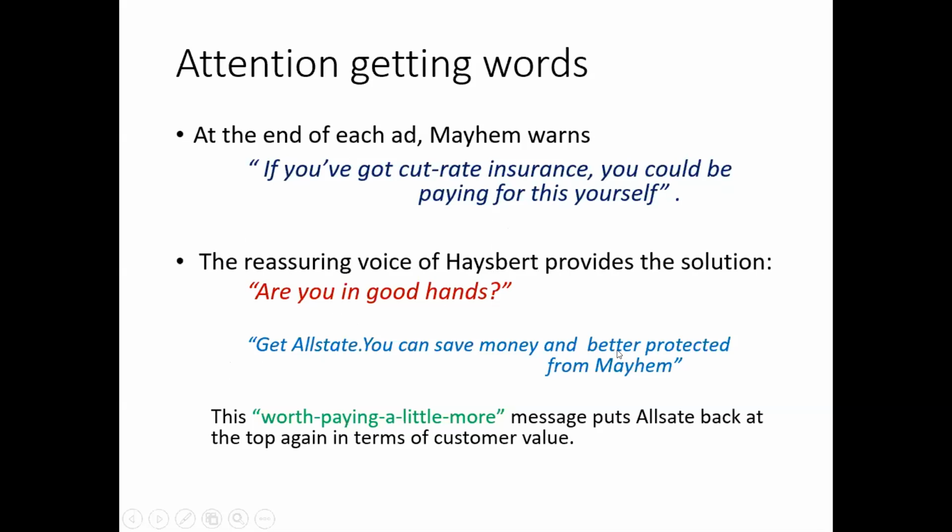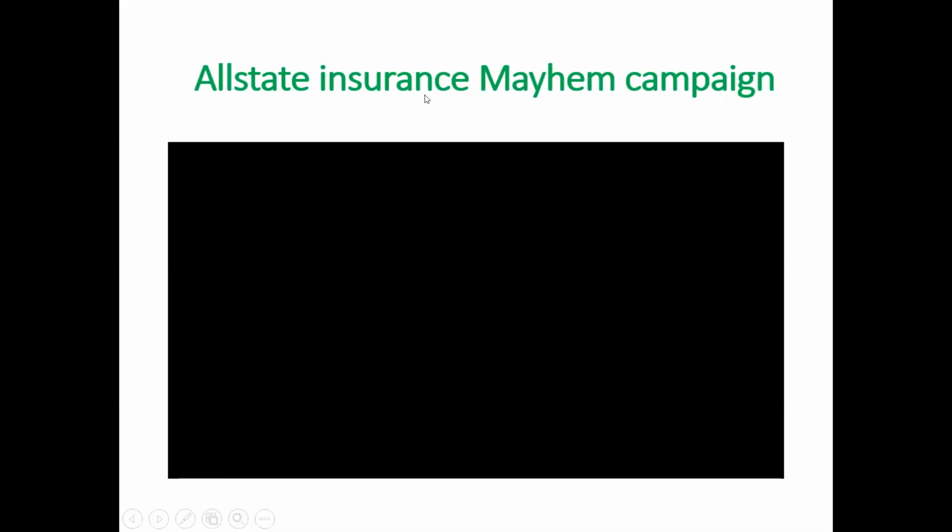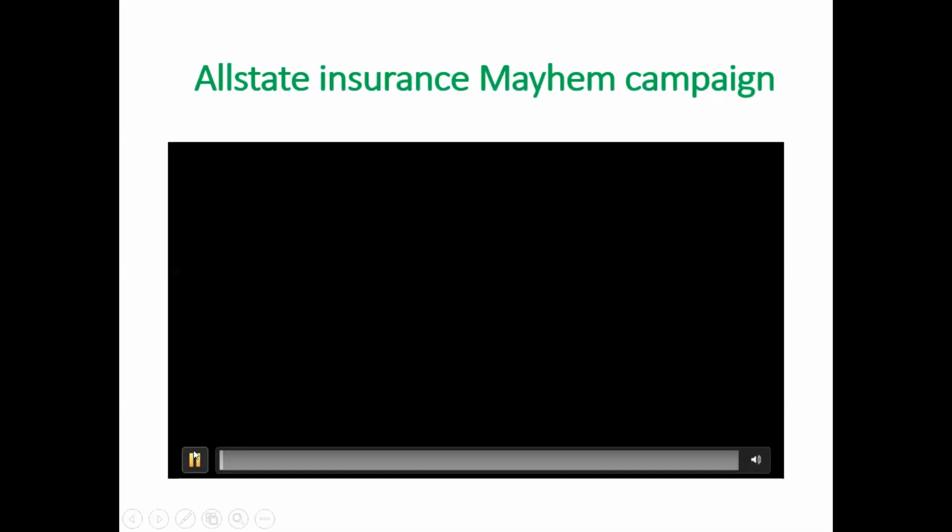You can save money and better protect from Mayhem. This can get the attention of the consumer readily. The message puts Allstate back at the top again in terms of customer value. This is the sample video of Allstate Insurance Mayhem campaigns.